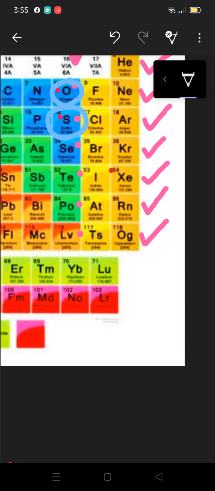Tellurium is in the fifth period and it will have 5 shells and 6 electrons in its outermost shell. Polonium is in the sixth period and it will have 6 shells and 6 electrons in its outermost shell. Then livermorium, in the seventh period, will have 7 shells and 6 electrons in its outermost shell as well.